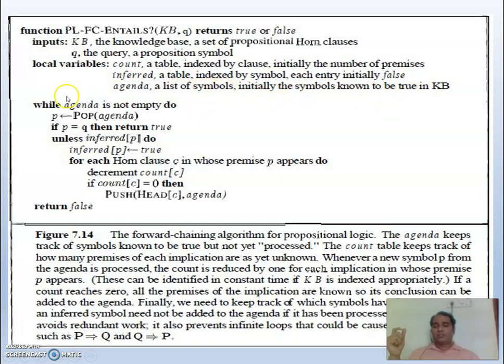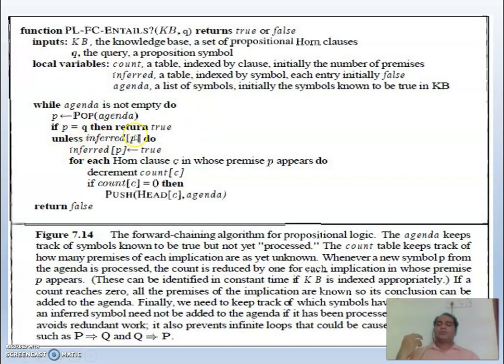Take those things while agenda is not empty, while there are some more things which we need to visit. Pop the agenda, pick up P, and if P is equal to Q, that means whatever you picked up is the statement that you wanted to prove, then you are done. You can return true.